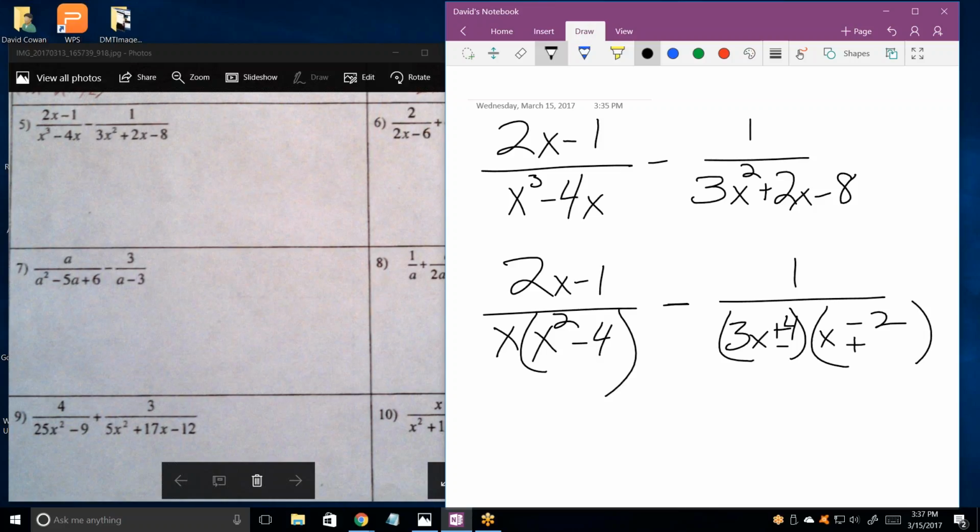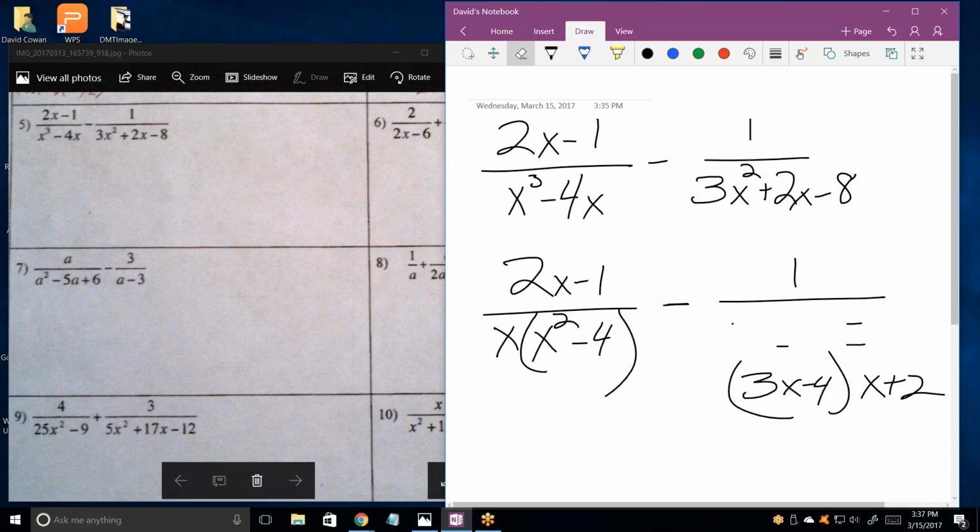Yeah, and it would be negative 4 plus 2, right? I think it would be... Oh, the other way. No, you're right. You're absolutely right. It is negative 4 plus 2. So it's 3x minus 4 times x plus 2. Let me erase what I had mistakenly written.